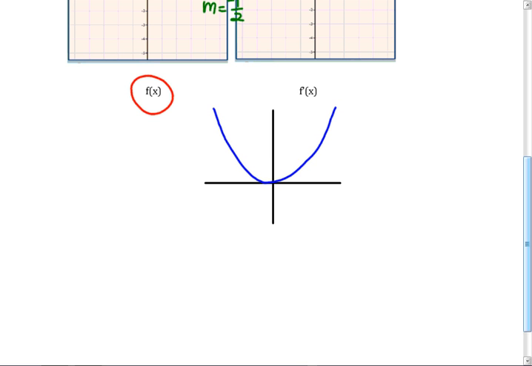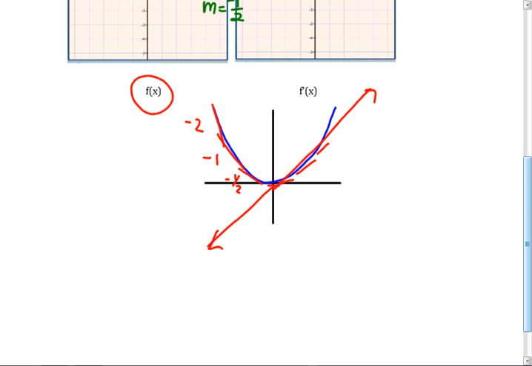What's true about the slope at the vertex? It's 0, right? And what's true about the slopes over here? They're negative, right? This looks like maybe -2, maybe -1, -1/2. So they're going to be down here. And what about the slopes here? It's going to be like 1/2 here, maybe 1, 2, it's getting bigger. So it looks like this.